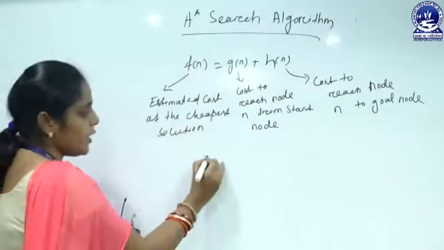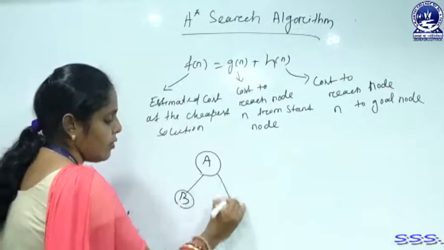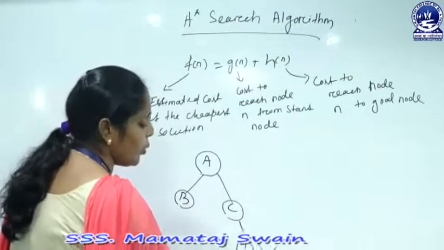Take one example. Suppose this is our start node and this D is your goal node.